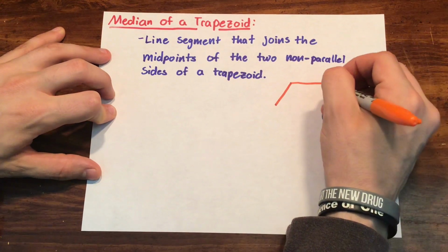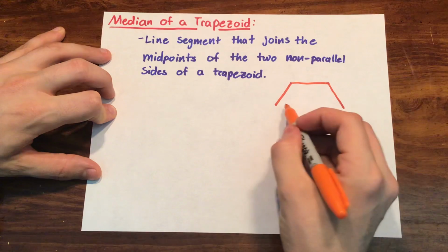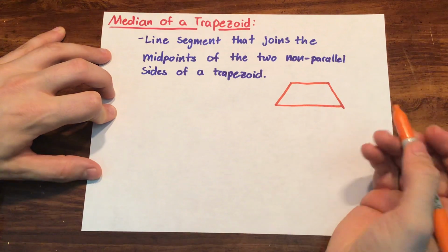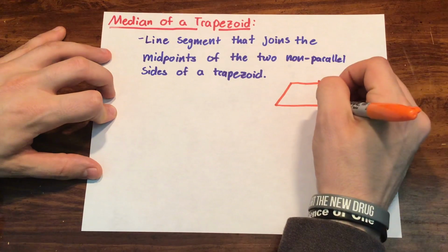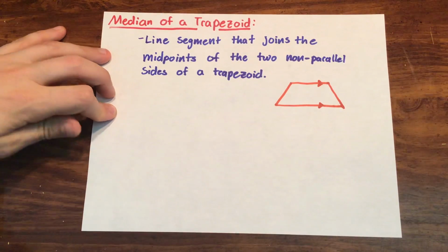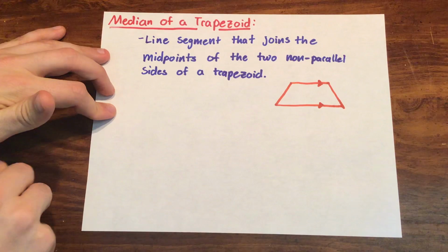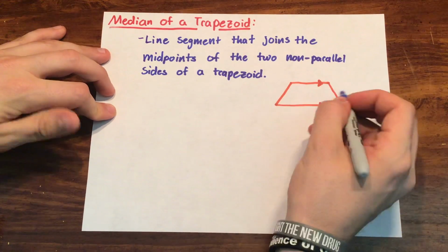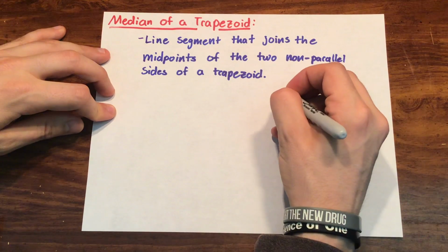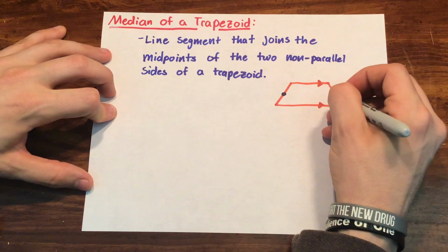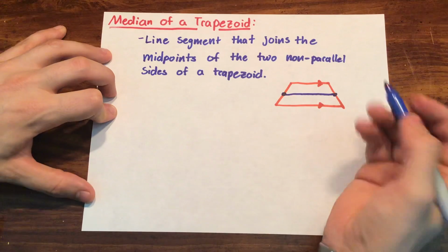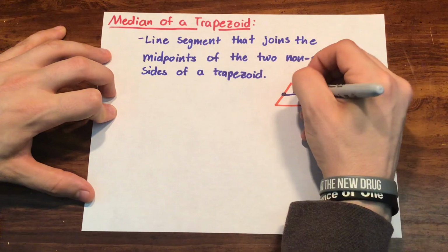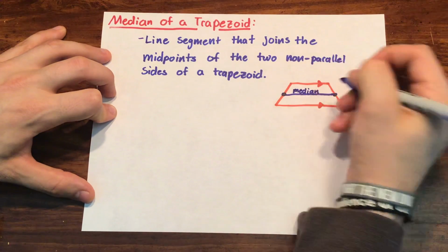So that's saying in our trapezoid, we have our two parallel sides here. And if we look at our two non-parallel sides, we find the midpoint of each of them, and the line segment that connects the two is our median.